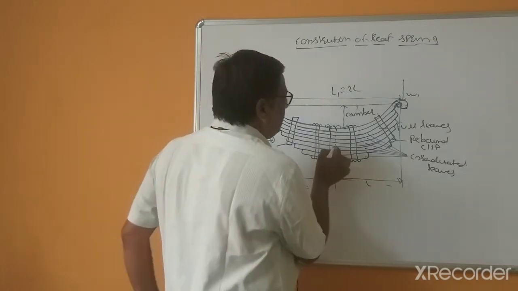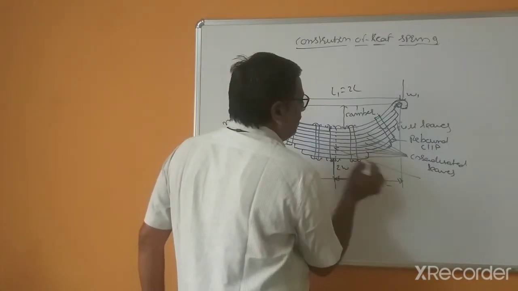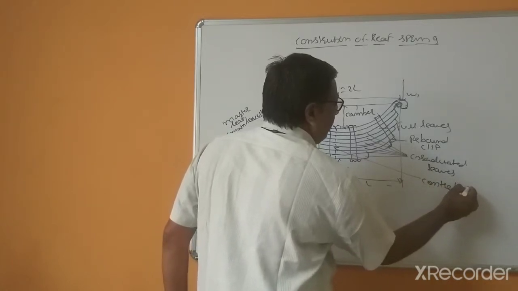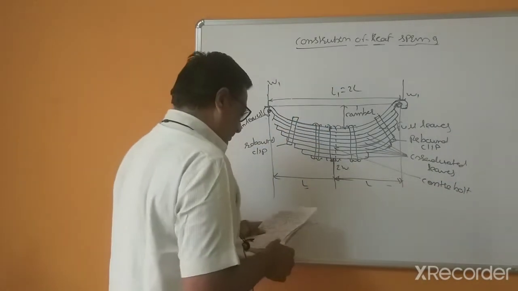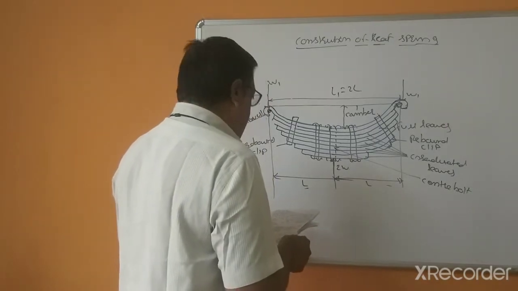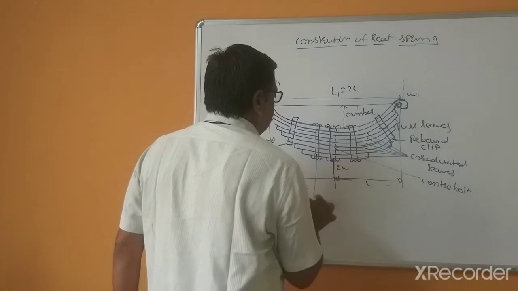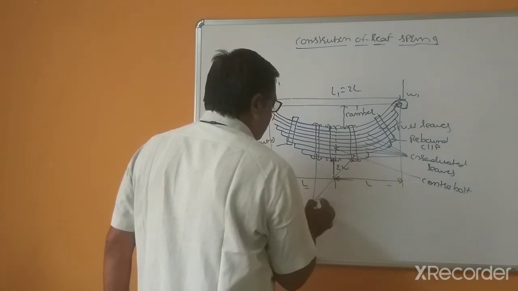So this is the center bolt, and these are the U clips.